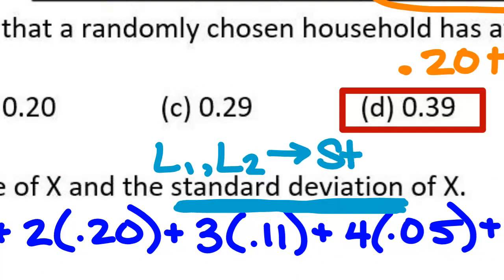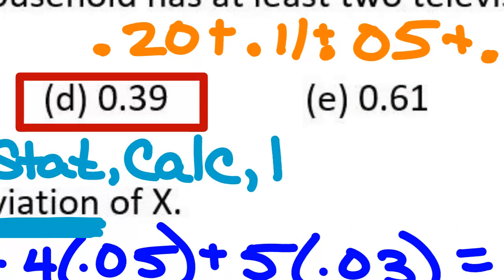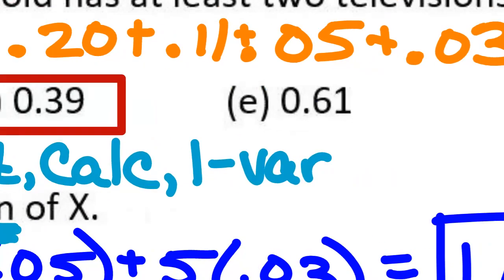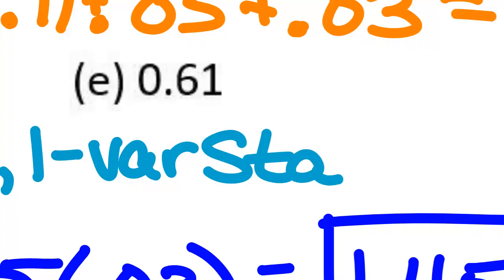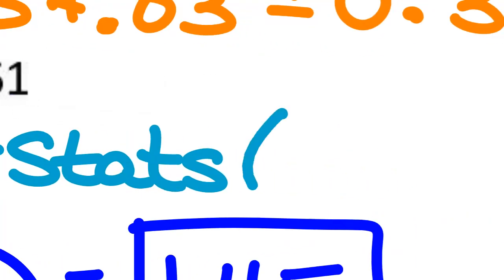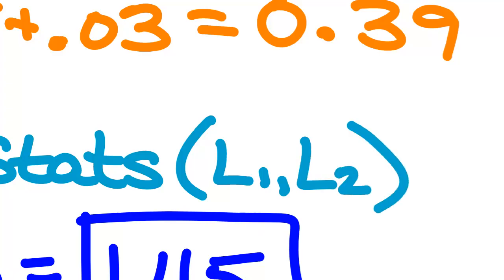And then you would go to stat, calc, 1 variable stats, and you have to make sure that you put L1 and L2 in when you do the 1 variable stats.